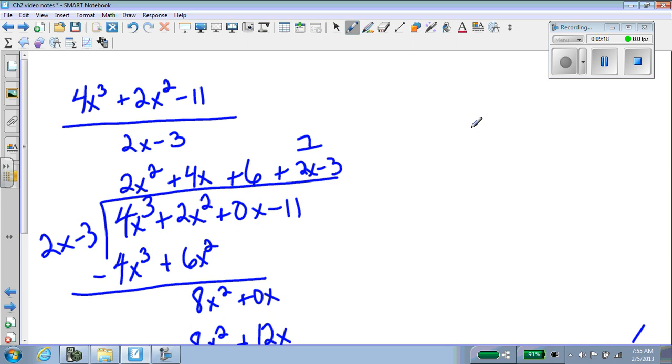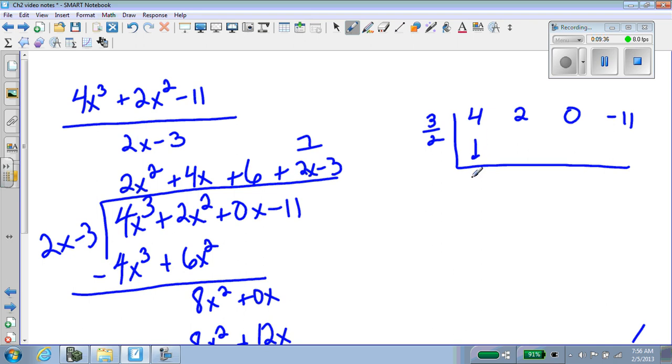Suppose I tried to sneak my way into a synthetic division. So it would be a 4 for x to the 3rd, a 2, a 0, and a negative 11. And the 0 that goes with this is 3 halves, right? Because I would add 3 and then divide by 2.